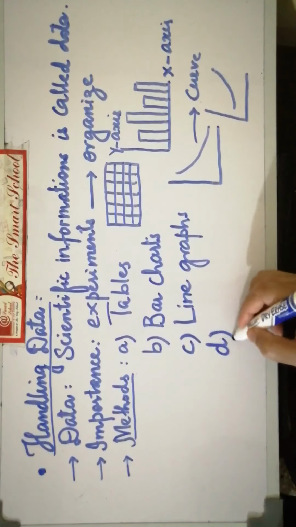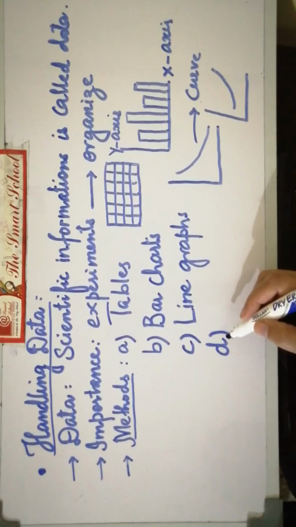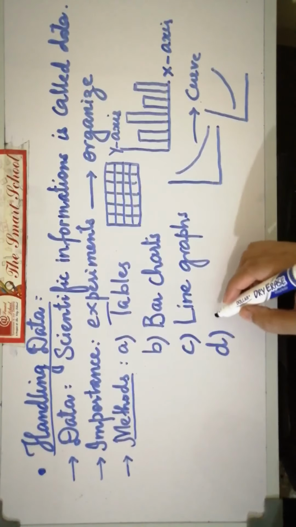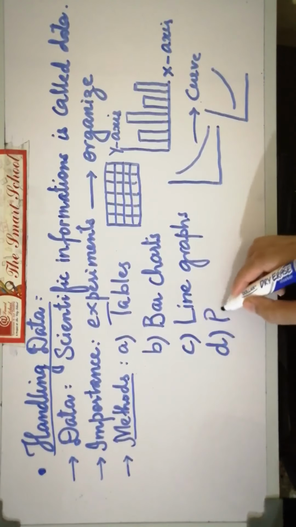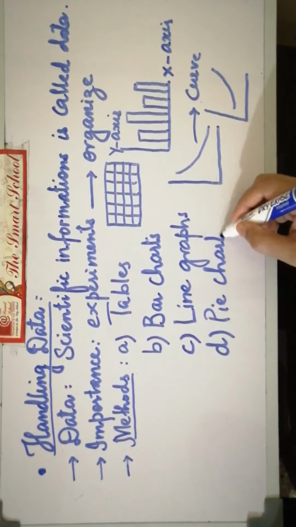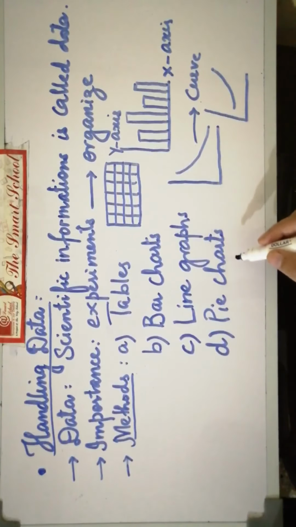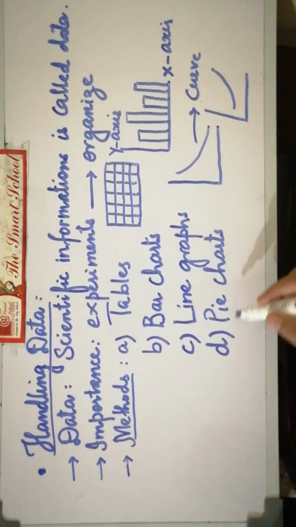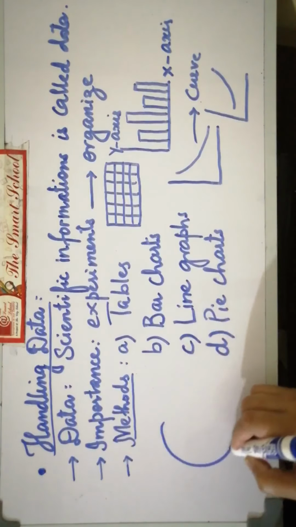The fourth method of presenting your data is pie charts. This is the most important and most interesting form of data presentation. How? Because you have to make a pie, not for eating.